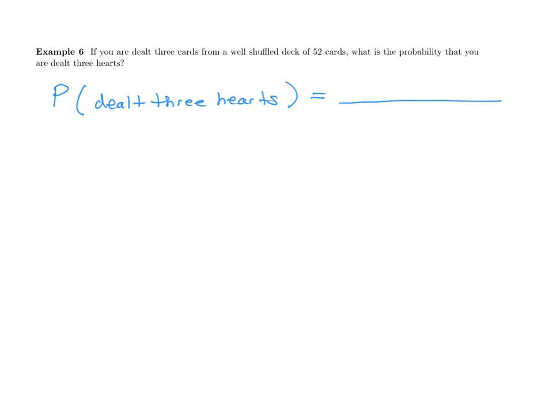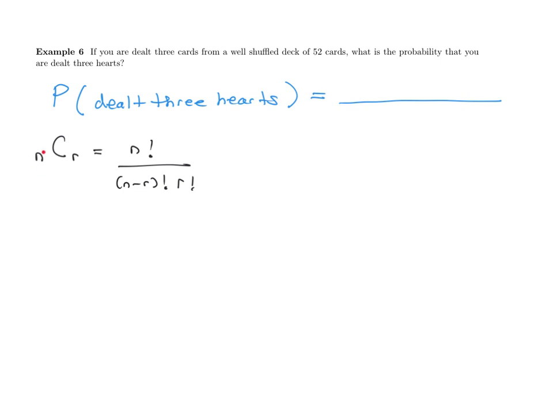So just like in the last problem, is this a combinations problem or a permutation problem? This is combinations. We don't care about the order in which the hearts are dealt to us. We just want 3. And for this reason, we are again using the formula n choose r, which was n factorial divided by n minus r factorial times r factorial. So in the numerator, what's the number of ways that you can be dealt hearts?